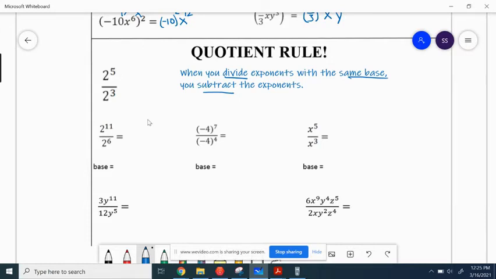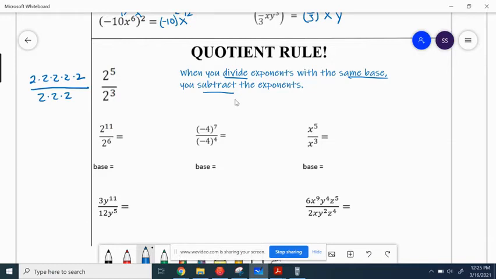Okay, so let's look at this first problem here. 2 to the 5th over 2 to the 3rd, right? This is a fraction, which is a division problem. So let's go ahead and write this out. What does 2 to the 5th really mean? That's just 2 times 2 times 2 times 2 times 2 in the numerator, and then in the denominator we have 2 to the 3rd. 2 to the 3rd is just 2 times 2 times 2.